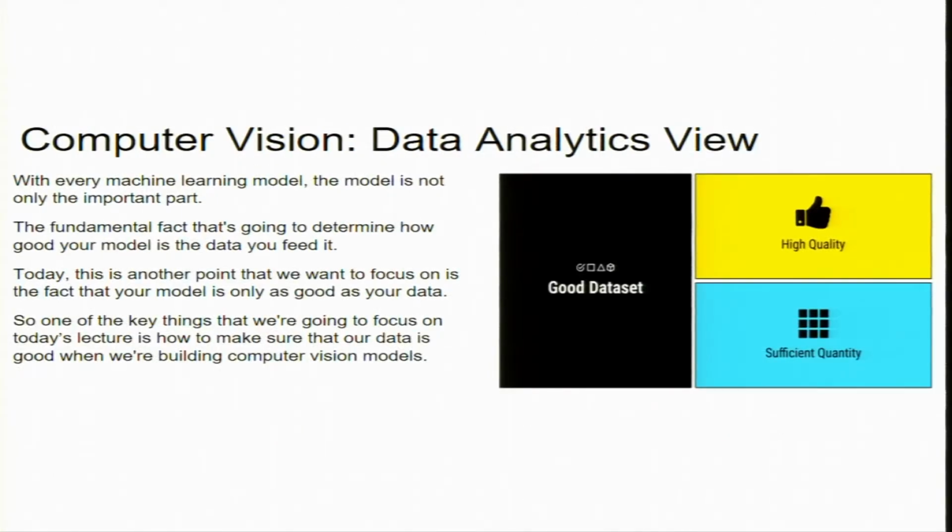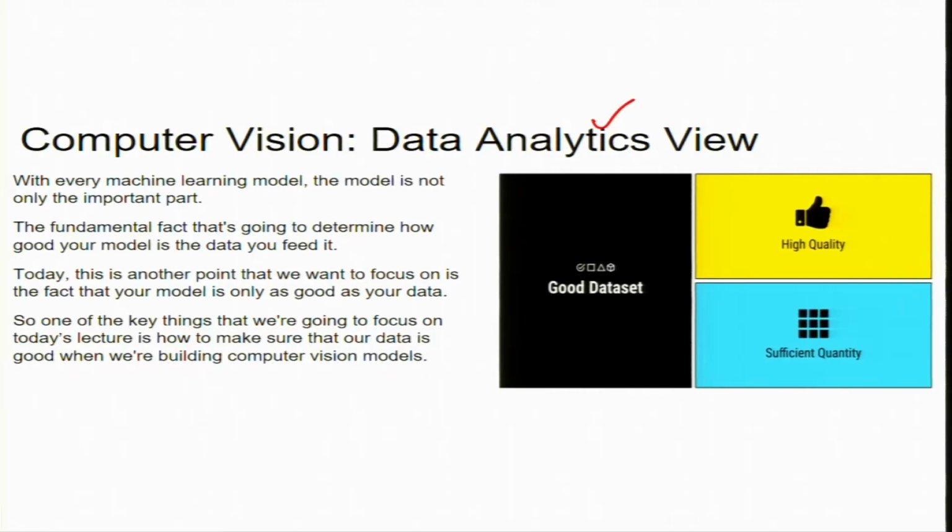Now let us see the other view, called the data analytics part, which is associated with computer vision. With every machine learning model, the model is not the only important part; the fundamental fact is that the data you feed to it determines how good your model is.